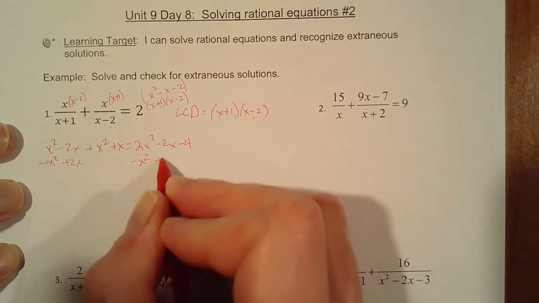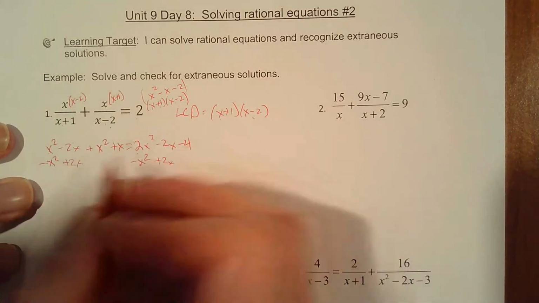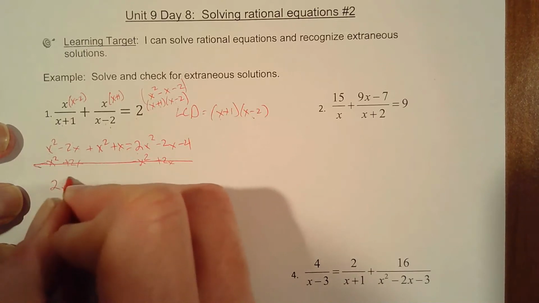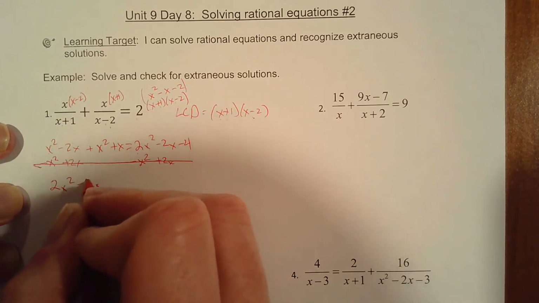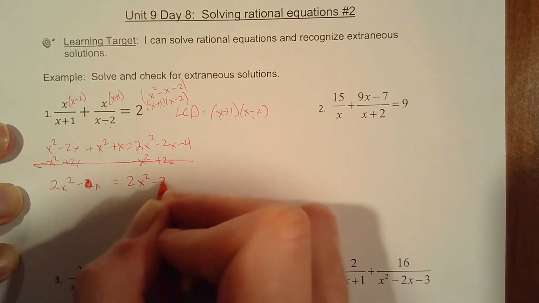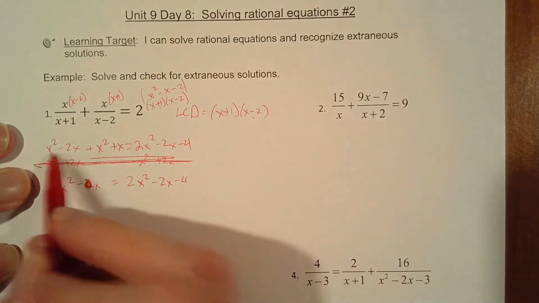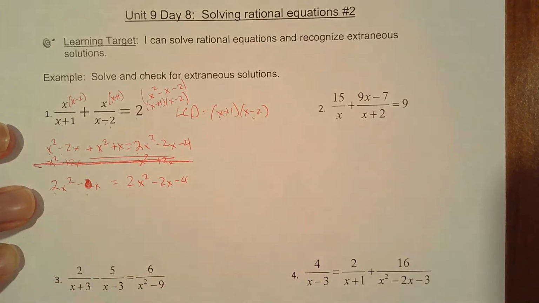Oh, I messed up here. I'm sorry. Scratch that. Let's combine this. That'd be 2x squared minus 1x. I got ahead of myself. I didn't simplify the left side. So scratch that part. So here I just got x squared plus x squared is 2x squared, and then that'd be a minus x.